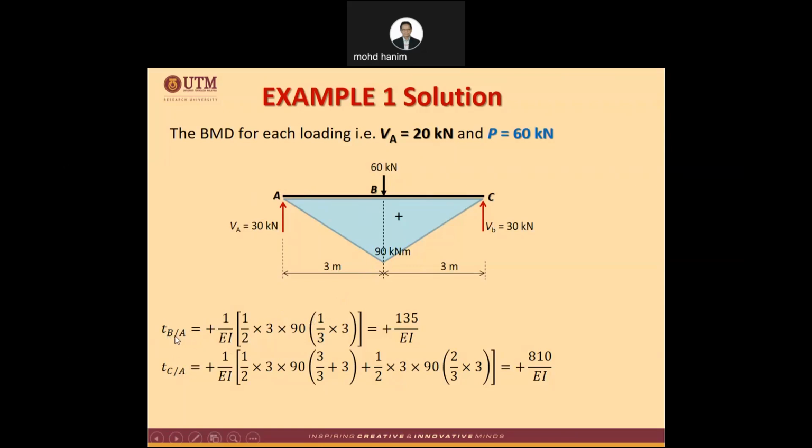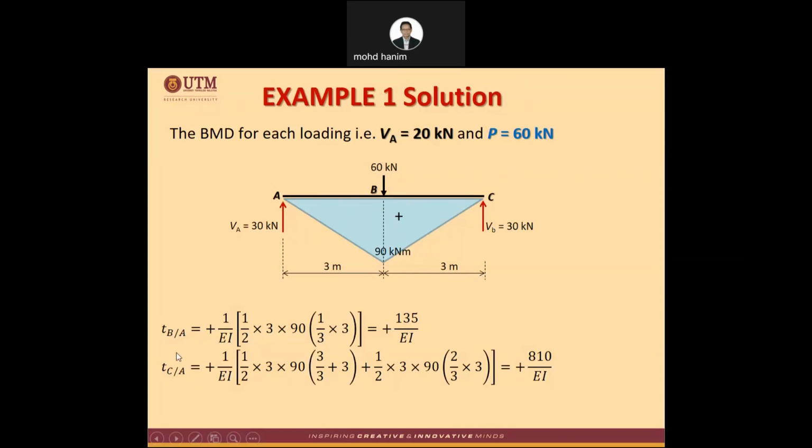Not TAB, but TB in relation to A. When we say TBA, that means the area between A and B, but the most important thing is the centroid of this triangle from B, not from A. So 3 divided by 3, that equals 135 over EI.